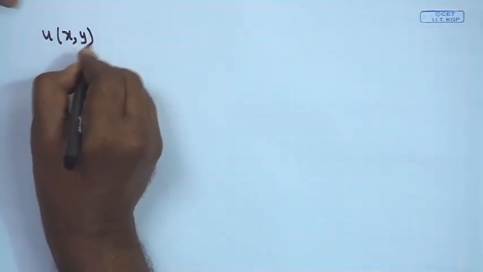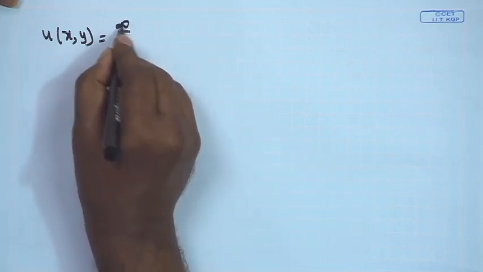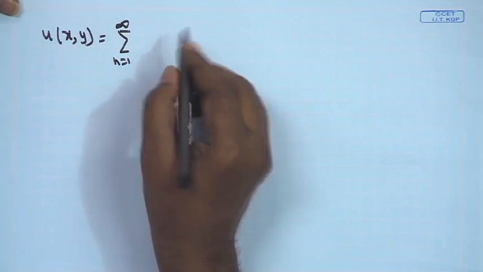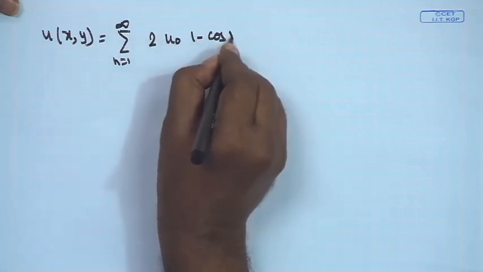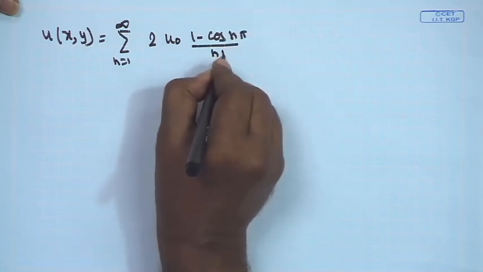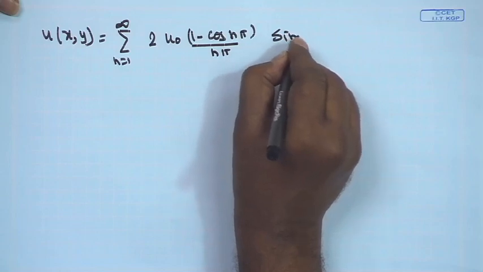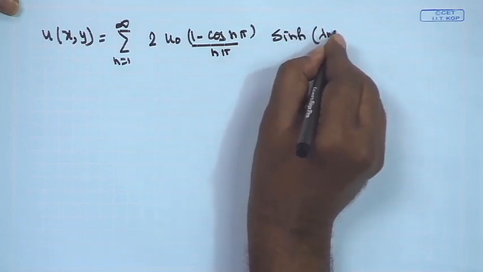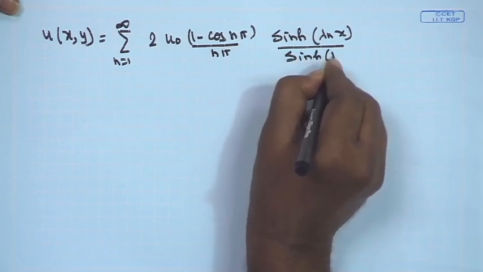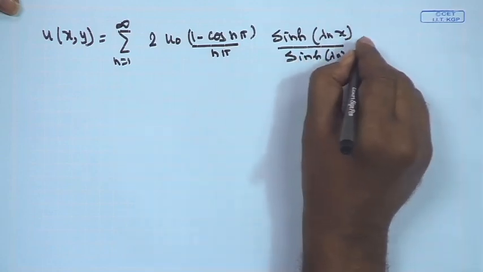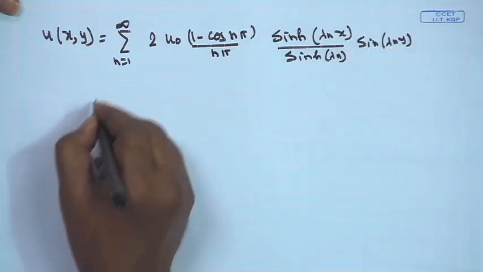U of x, y will be nothing but the summation of Cn. So, this will be 2 u naught times 1 minus cosine n pi over n pi, times sinh lambda n x divided by sinh lambda n, times sin lambda n y. So, lambda n is basically n pi.